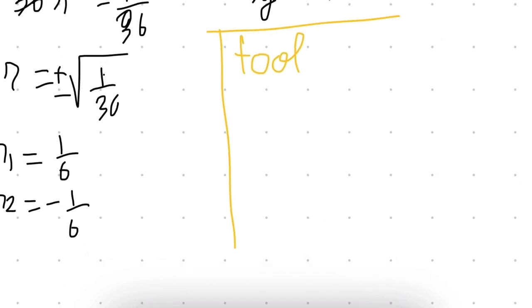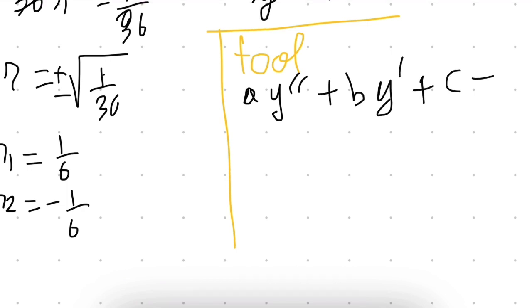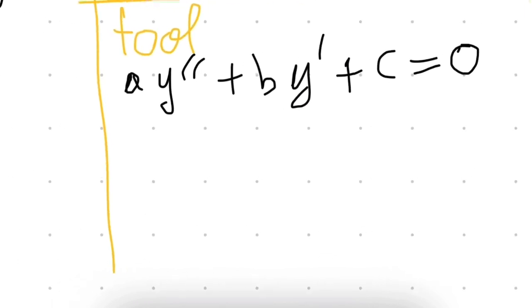Okay, so in our toolbox, we remember that there are three cases. First we have an equation looking like a y double prime plus b y prime plus c equals 0, and we want to solve this.